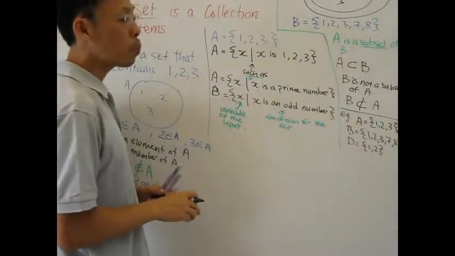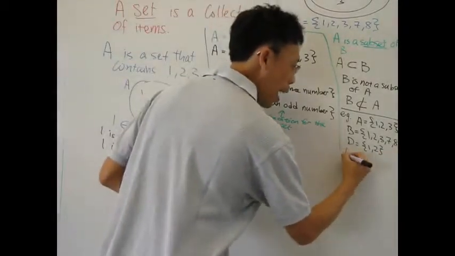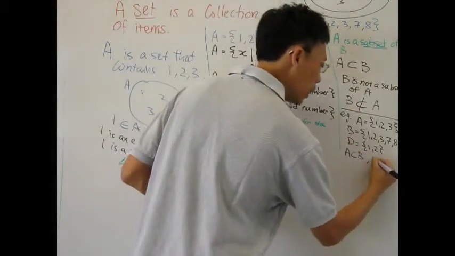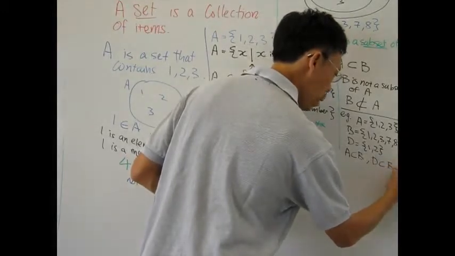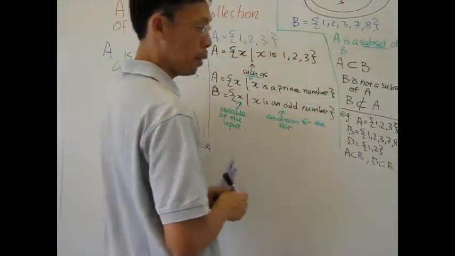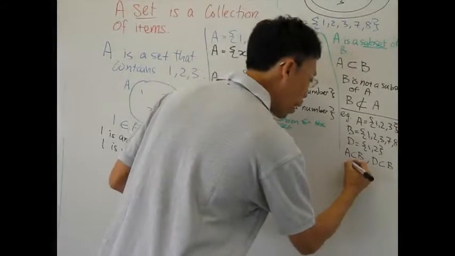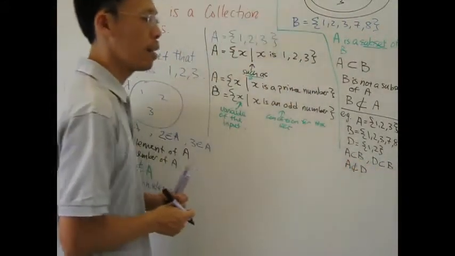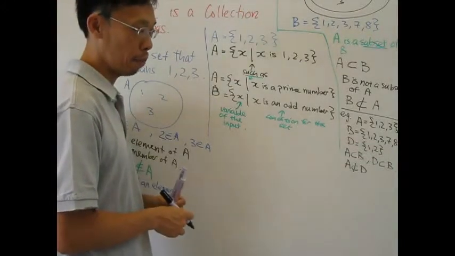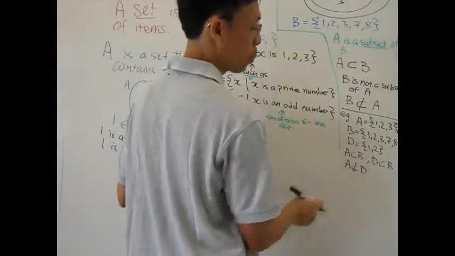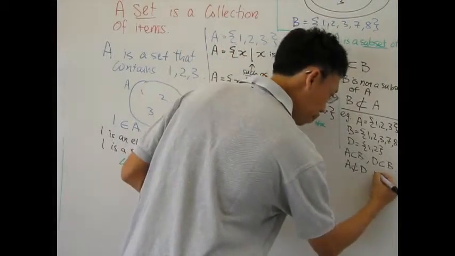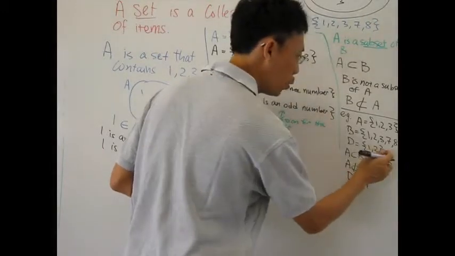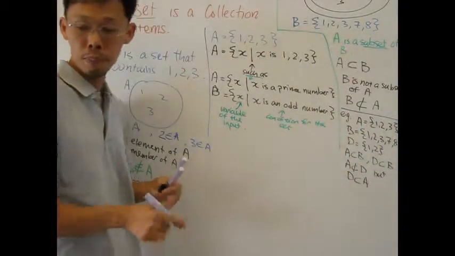In this particular case, you can see that A is a subset of B, and D is also a subset of B. But A is not a subset of D. But D is a subset of A, because 1, 2 is within 1, 2, 3.